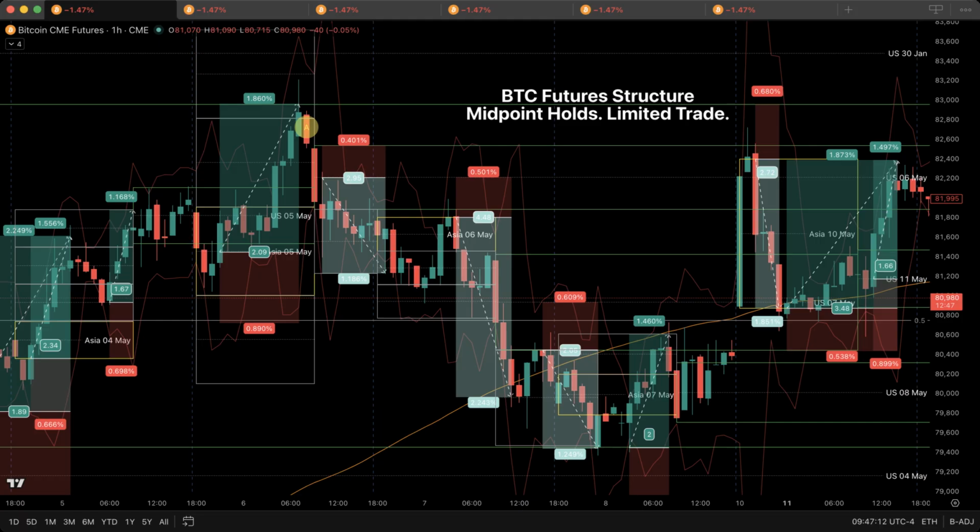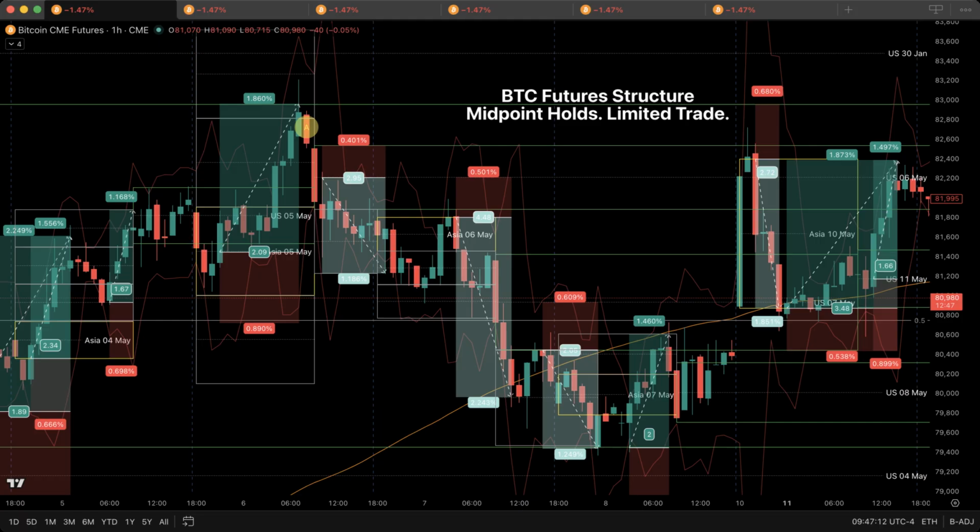But the trader still had to respect space. If price failed at May 6th US lower boundary, the trade should not be forced. If price reached May 10th Asia upper boundary, profit should be protected. If price rotated again inside the box, no trade would be better.